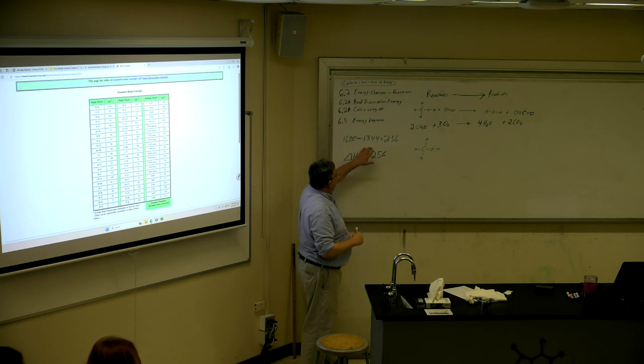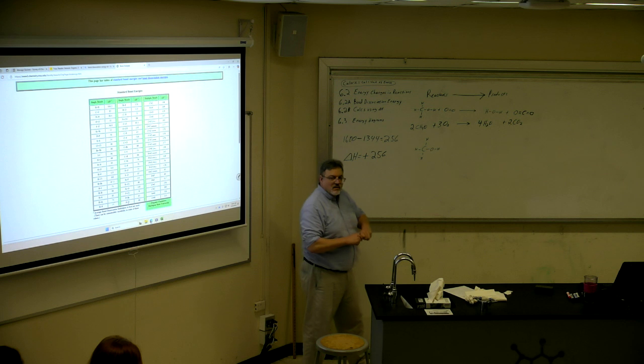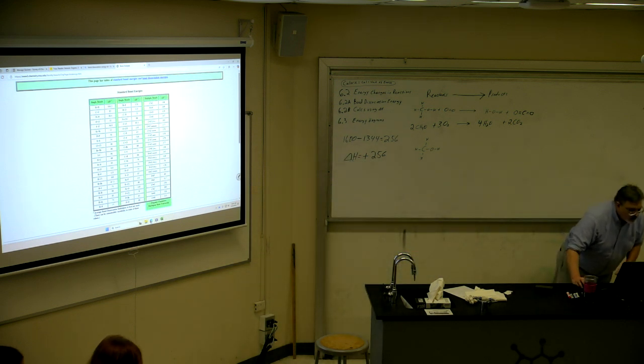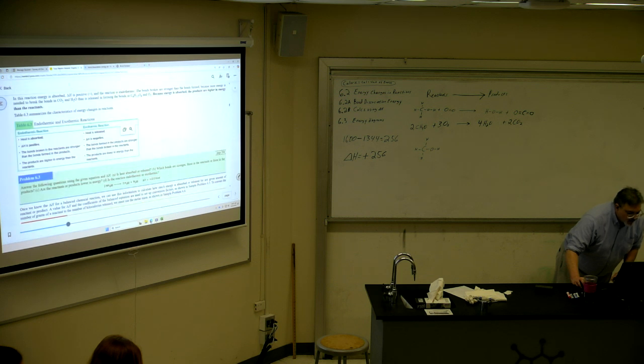That's how much energy went in. That's how much energy came out. Final minus initial. What am I doing wrong? Energy comes out, it's exothermic.